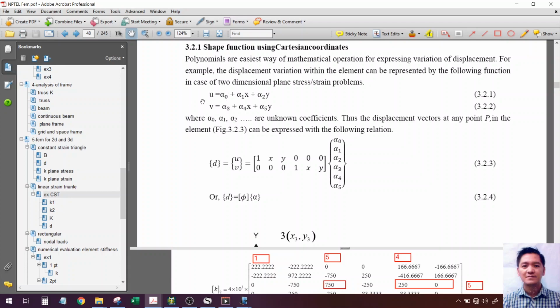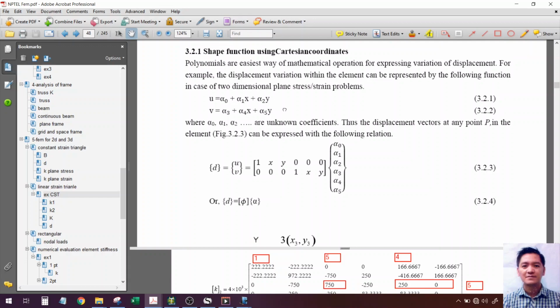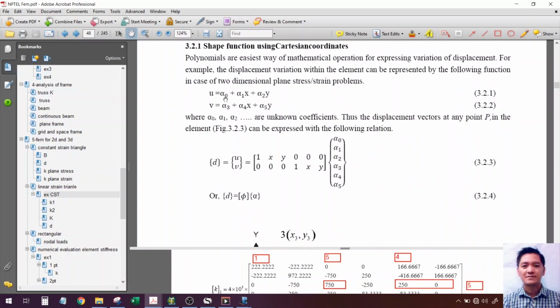And yung U, parang sa beam and sa axial, we assume this with this displacement function. Well, for V, ganun din naman, no? Alpha naught plus alpha 1x plus alpha 2y.